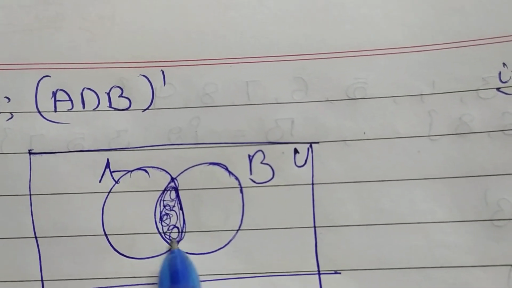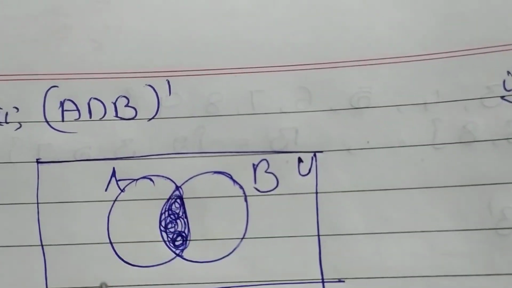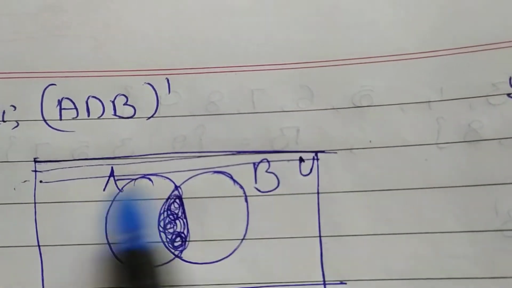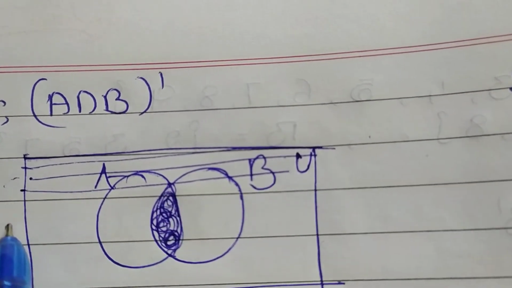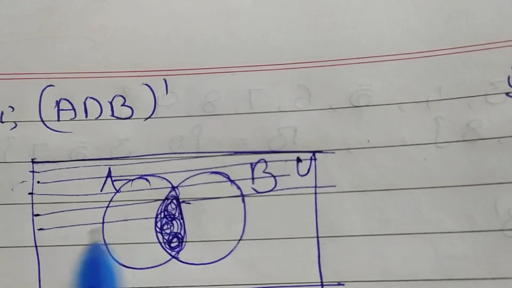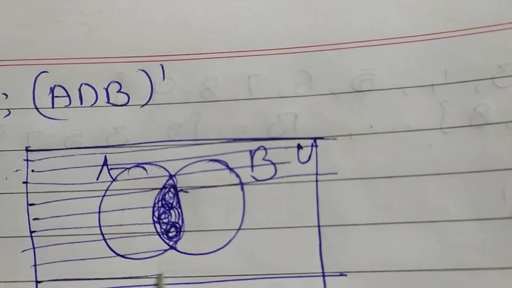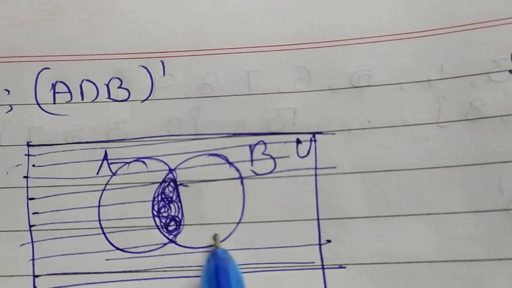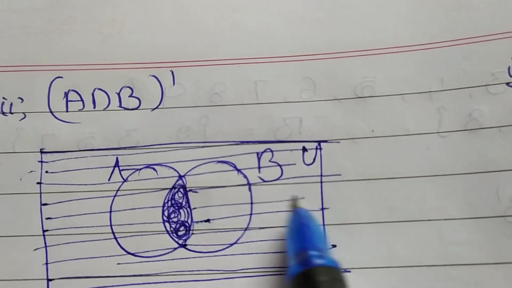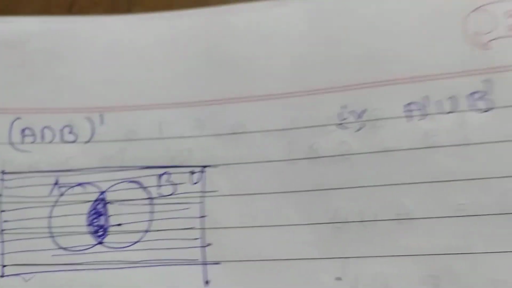So from the universal set, if I remove this part, I will be getting the whole thing like this. Other than that intersection part, the remaining part you will be getting in the complement. So this is the shaded part of A intersection B whole complement.